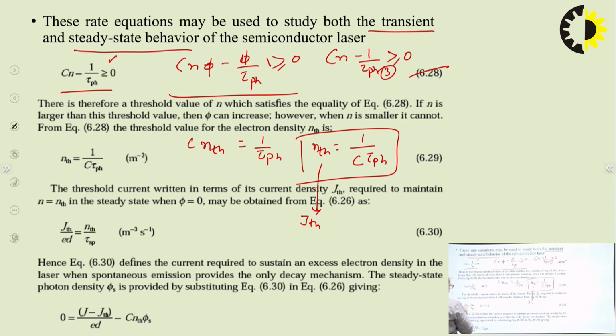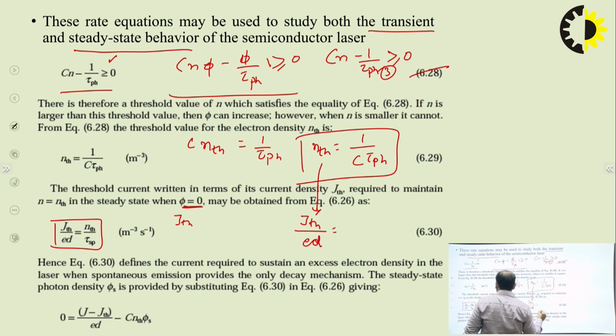So you can see the threshold current density JTH by ED. When the threshold condition is the minimum current density, at that point phi is equal to just about the photon produced. Clear? Minimum photon produced at that time, phi is equal to 0. So therefore JTH divided by ED is equal to nth divided by tau SP.